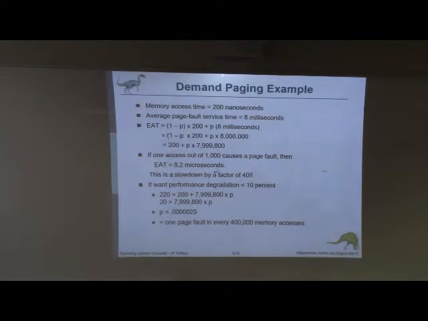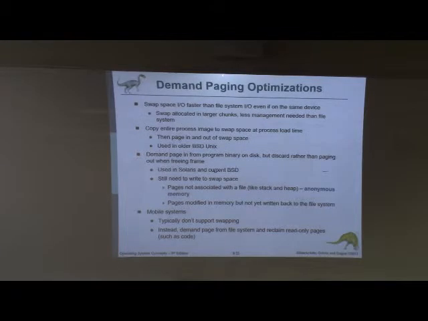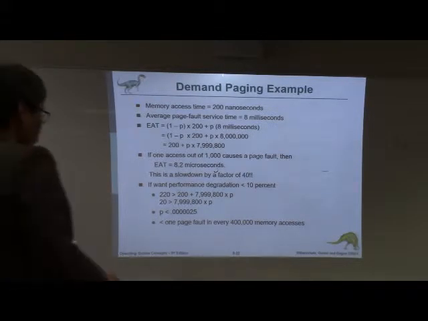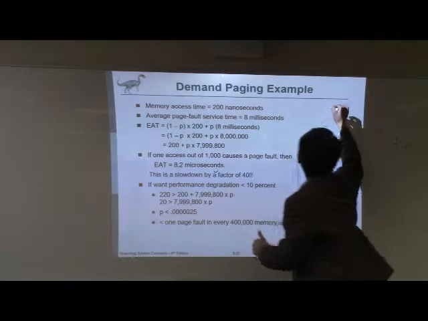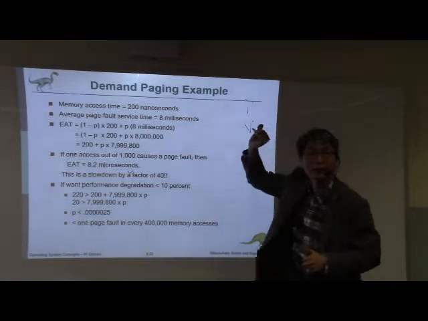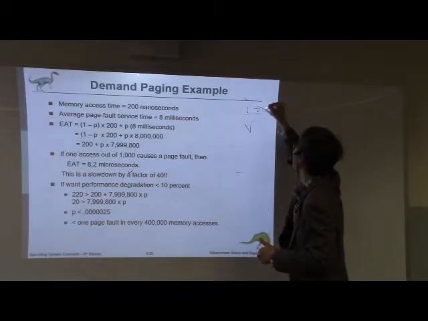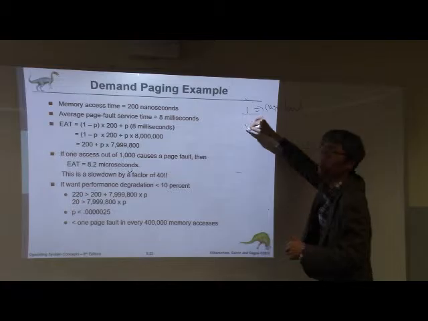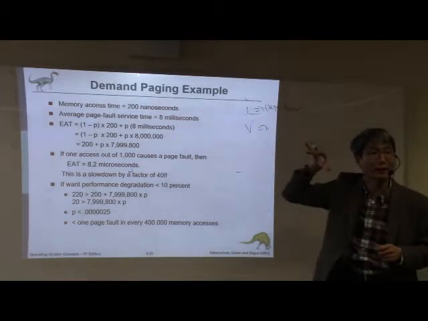Because of that, the number of page faults is very important to judge your system performance. Professor, can you go back to the previous slide? Yes. What is the P? So P is the ratio, right? We have the invalid and valid case. The invalid means it's a page fault, and with the valid one, you can read the page from the page frame.